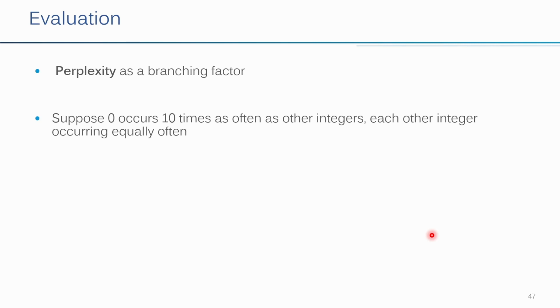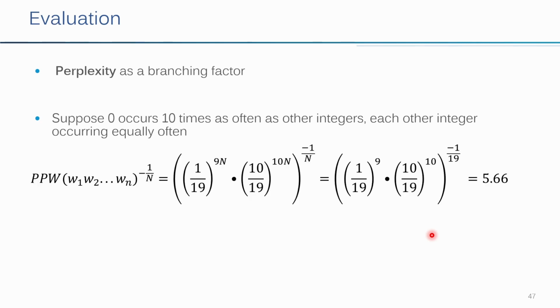Now suppose that 0 occurs 10 times as often as the other integers in that same sequence. What would be the perplexity? Oh, I already showed, sorry.